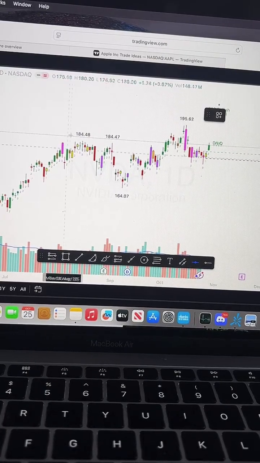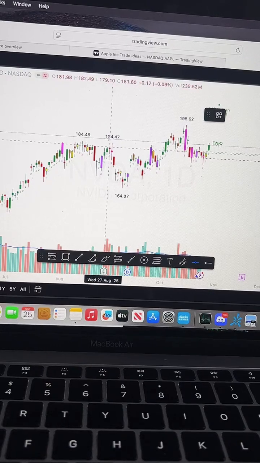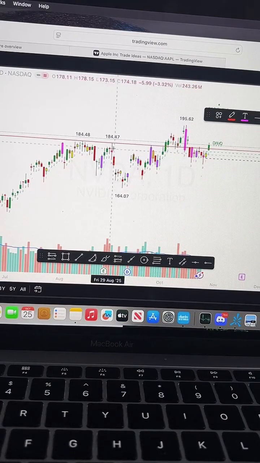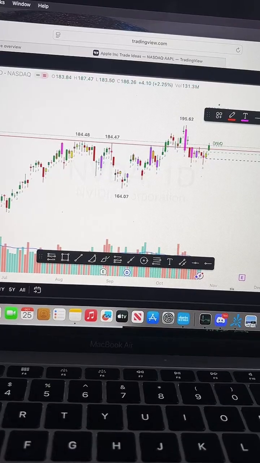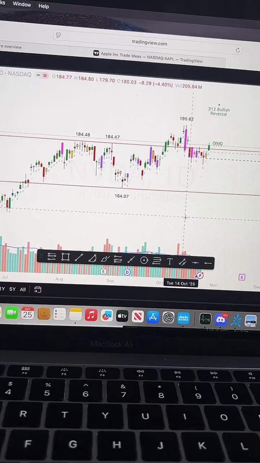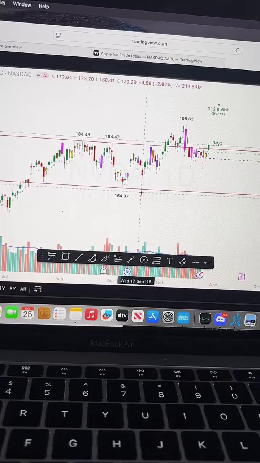Again, I see these two swing highs right here, 184.48, 184.47. It's kind of the same. If I just put that there, and then put something there with this swing low at 164, all I did was put some lines.